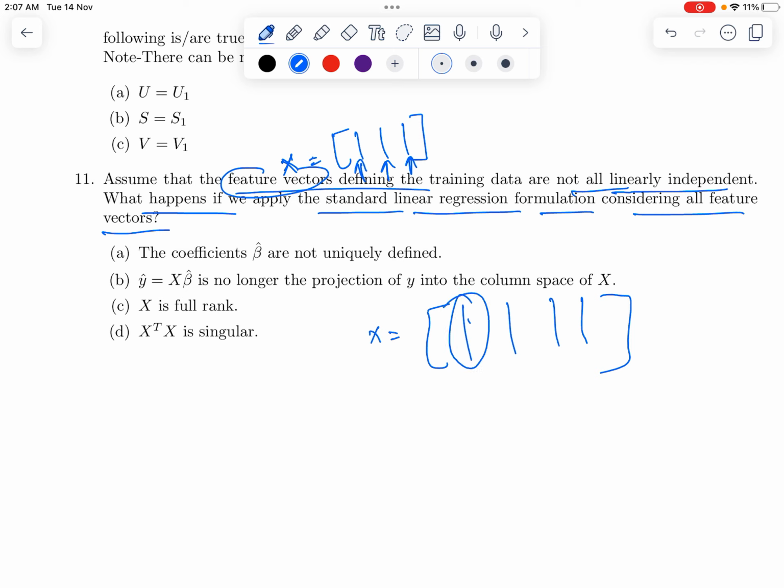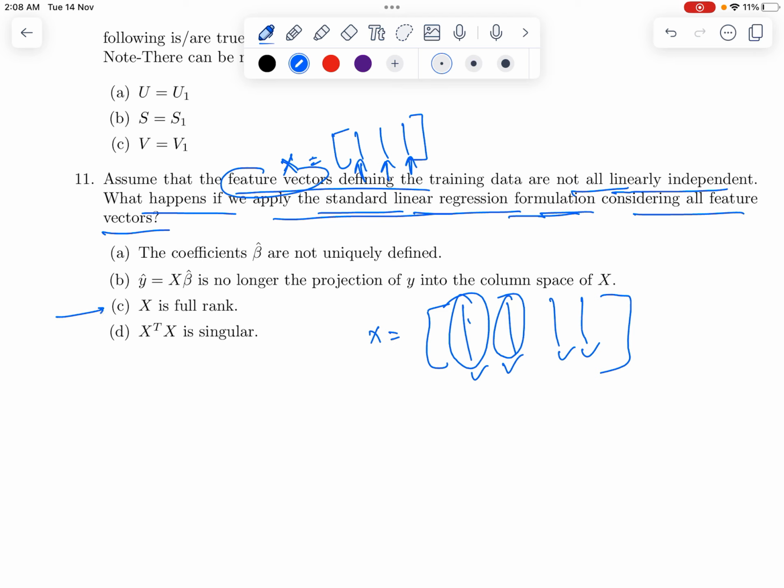Maybe this column is depending on this column, so if we consider column vectors, all these vectors are not independent, they are dependent somehow. This information is given in the question. It is asking what happens if we apply the standard linear regression formulation considering all features, so let's check out the options.